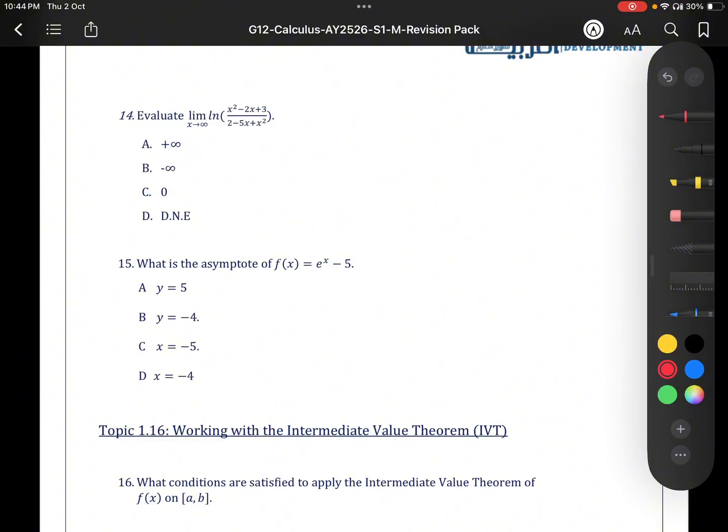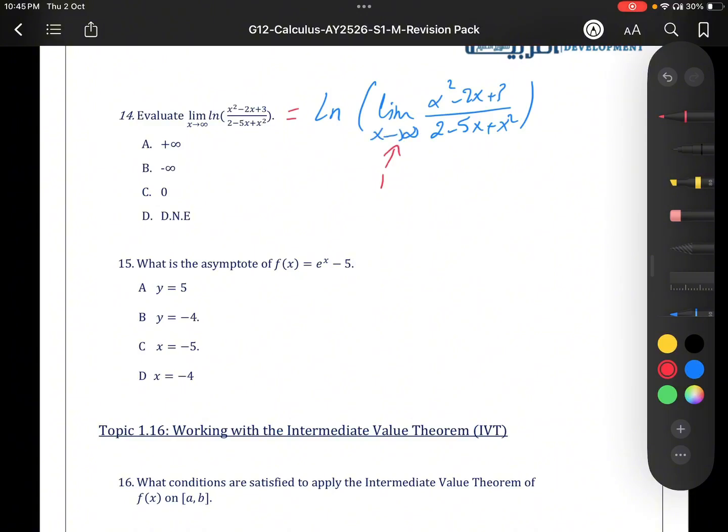Number 14, ln of the limit of x squared minus 2x plus 3 over 2 minus 5x plus x squared as x approaches infinity.